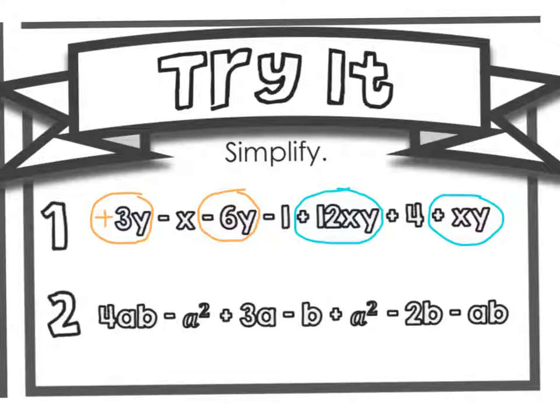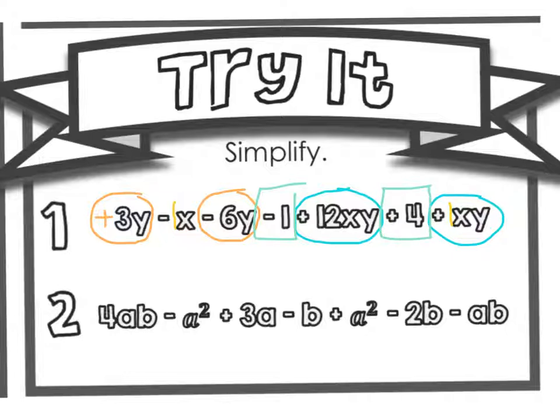Let's go ahead and put in our invisible ones for our coefficients. So there should be a 1 here and a 1 here. And let's see what else. I don't have any x's. And let's also think that our constants will go together.